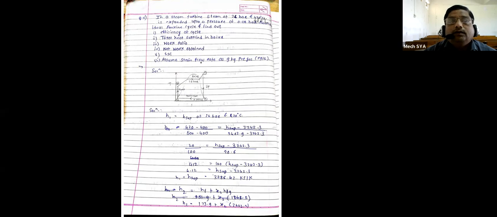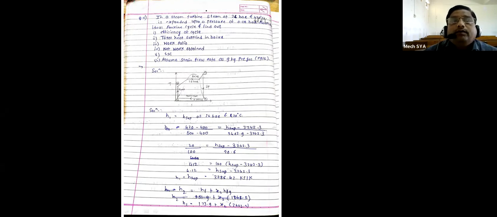Let us not change this 400 degrees Celsius also. So 420 degrees Celsius. Let us go for interpolation because we have not solved numericals on interpolation till date.